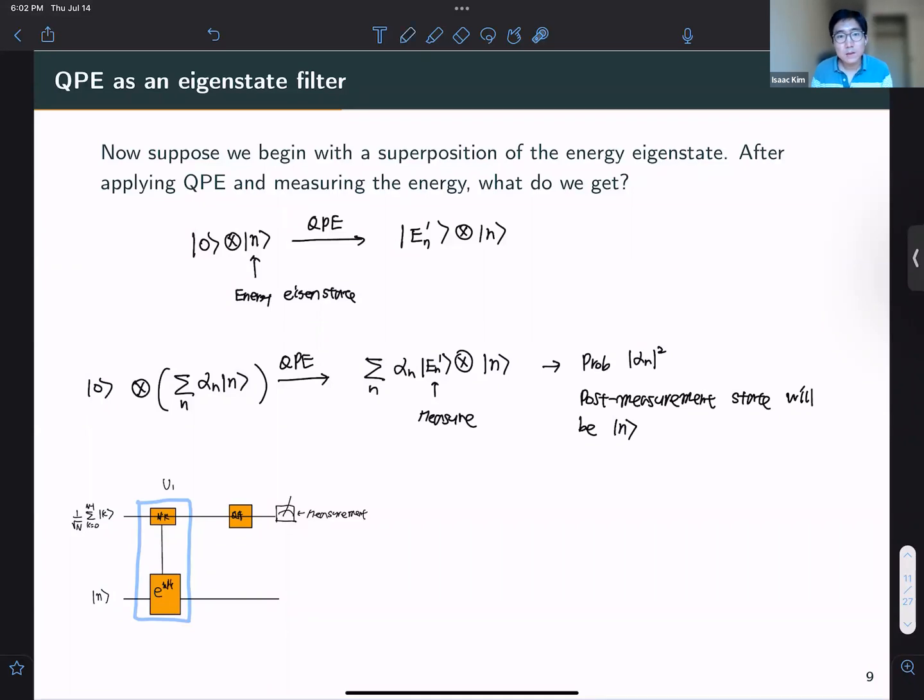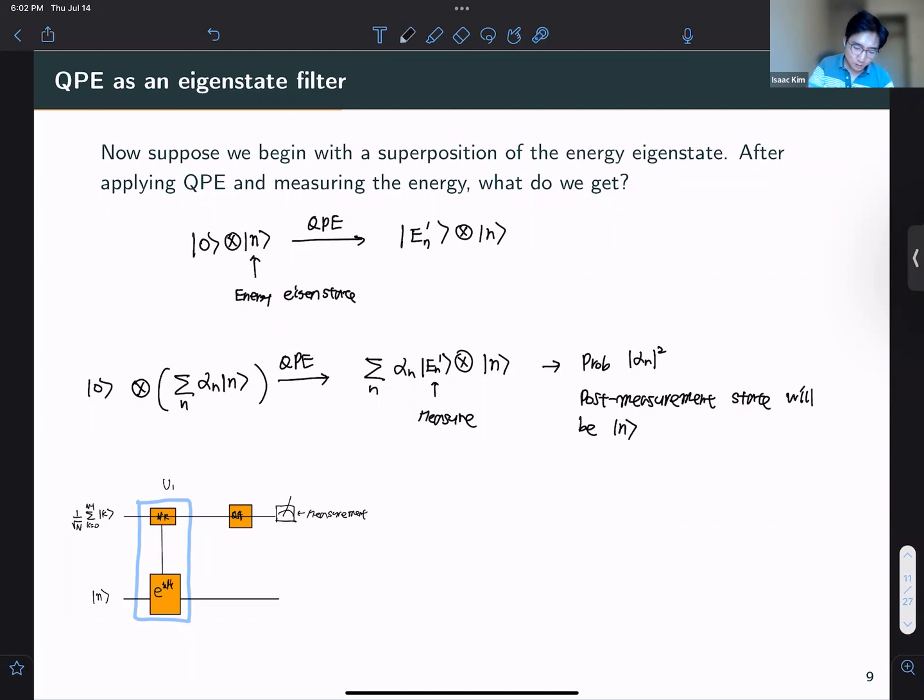So this is very interesting because this is one possible application of quantum phase estimation. So suppose, for example, you have some many-body quantum state which is not exactly the ground state of the system that you care about.